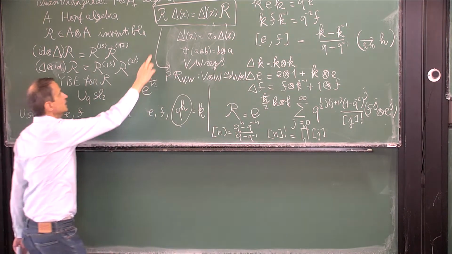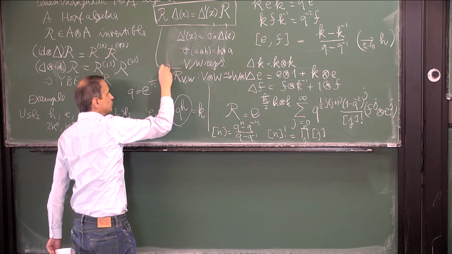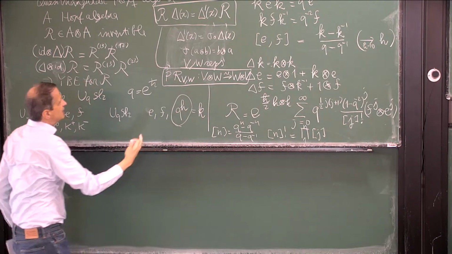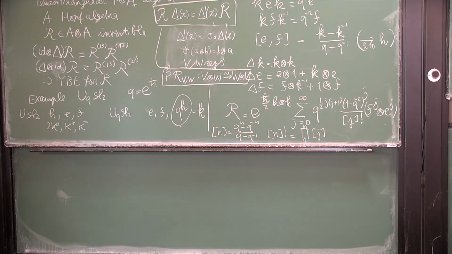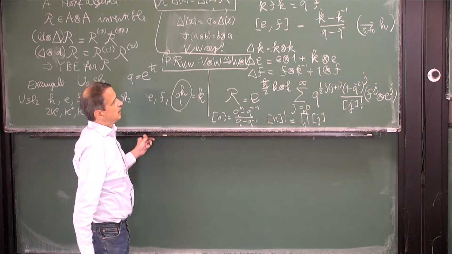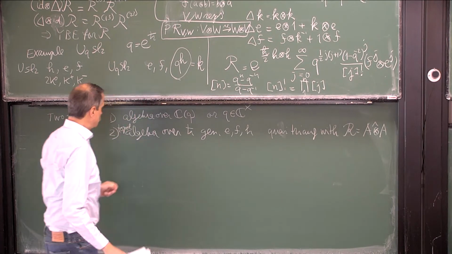So this property implies this one in any pair of representations. So R itself is an isomorphism of V tensor W. So you compose with P, you get an isomorphism of V tensor W to W tensor V. Okay, so that was the main property.